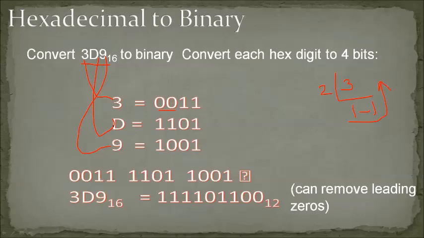Same way D. For D, what is the value? We don't know, am I right? So for D, you will get 1101. D is nothing but 13. So if you have a doubt, you can multiply.